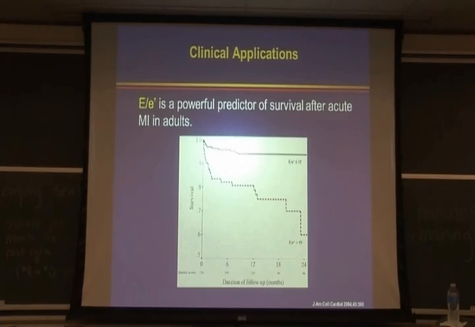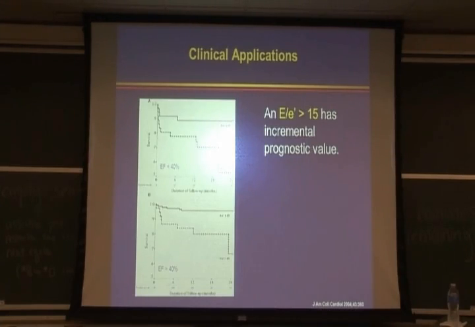So it's not just research, but it's very much applicable in the clinical arena now. Here is an example of a patient with decreased contraction, or what we call ejection fraction. Measuring the left ventricular pressure by the E to E prime ratio provides even further information.